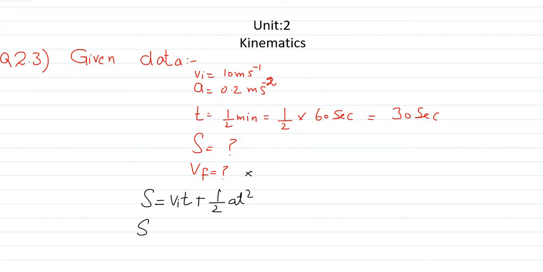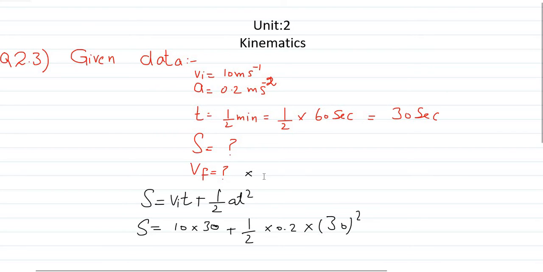Just putting the values, s is equal to vi, that is 10, times t, 30, plus 1/2, the value of a is 0.2, multiplied by t square, 30 square.